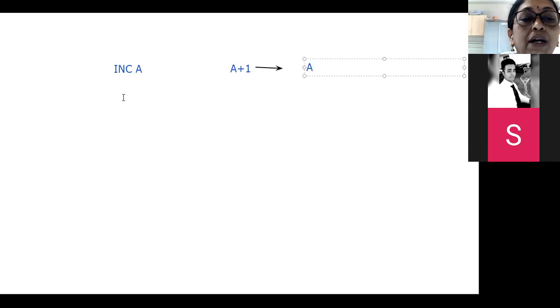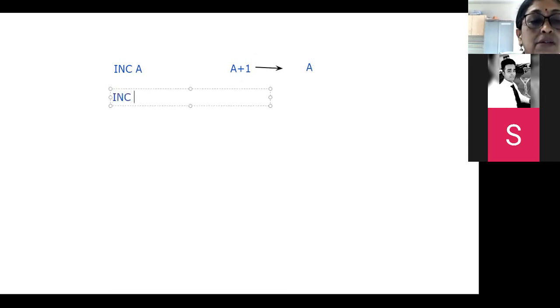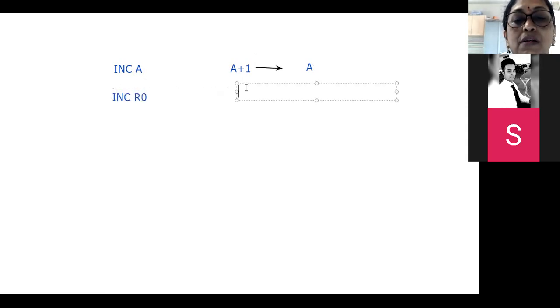Similarly, if I write here INC R0, what is the meaning of this? The meaning is that contents of register R0 are incremented by 1. So it will be R0 plus 1 and the same thing will be stored in R0 only.